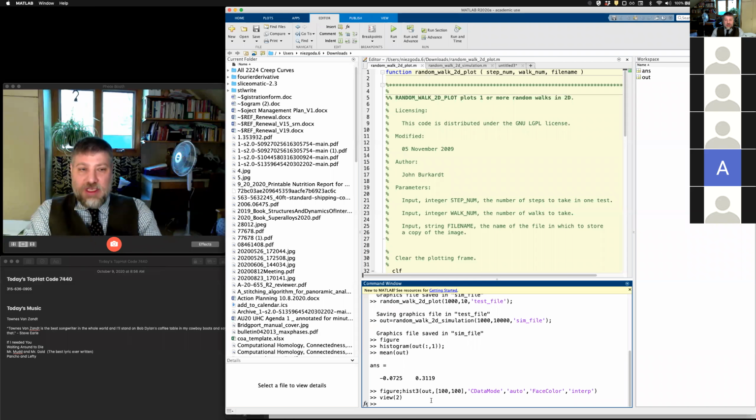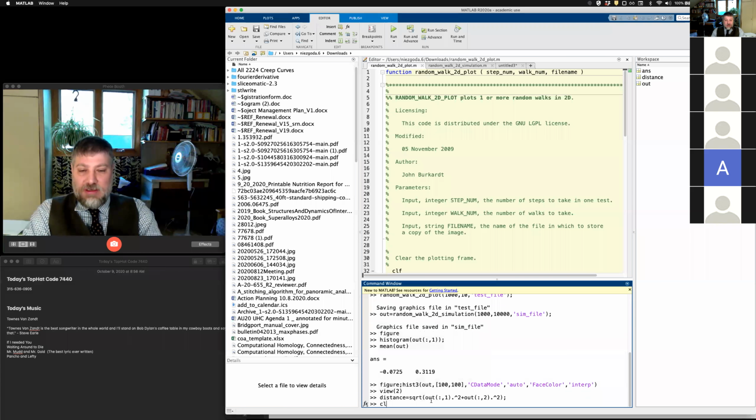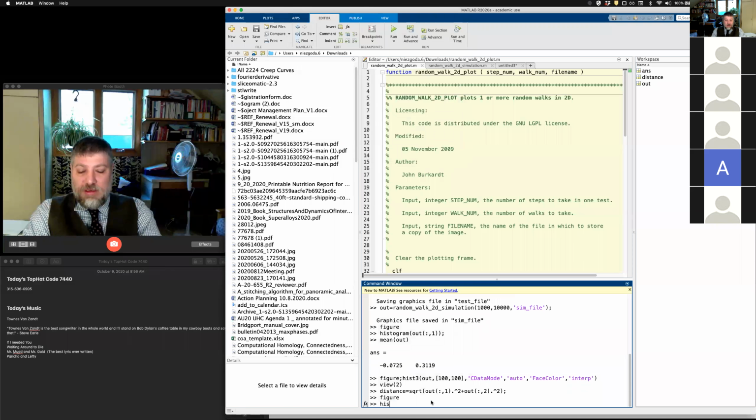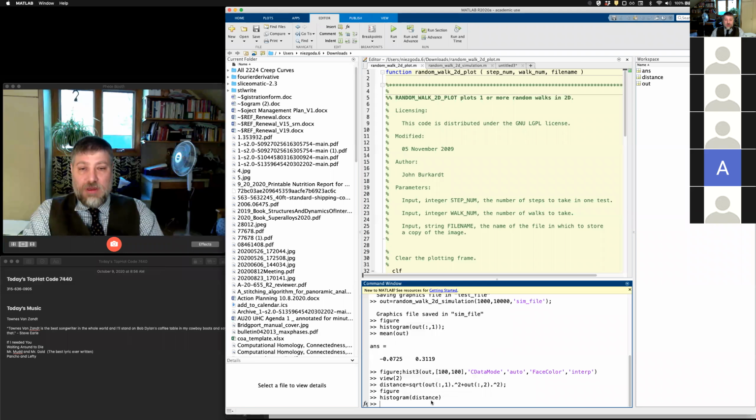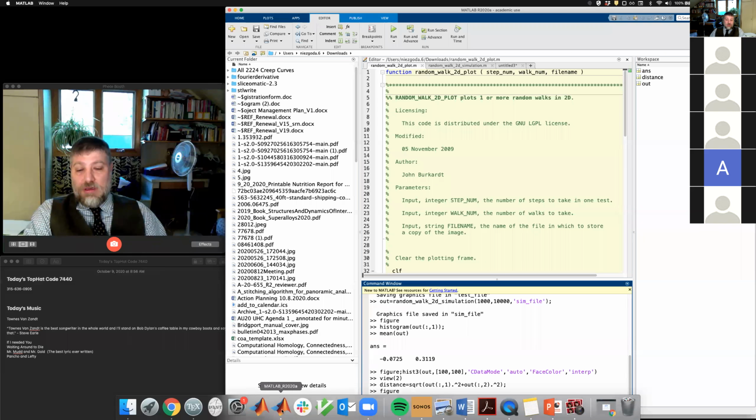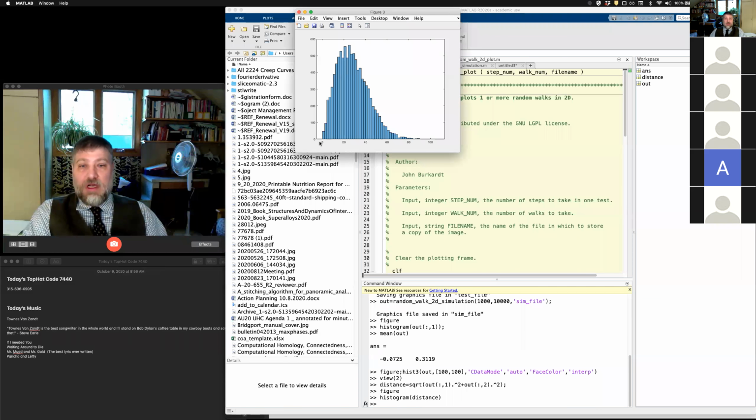So we can calculate the distance and take a look at the histogram. And we get something that looks like this.